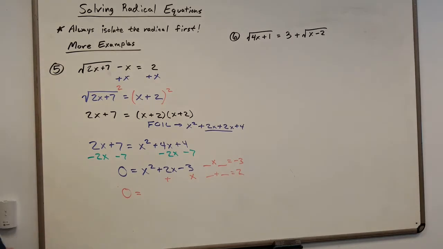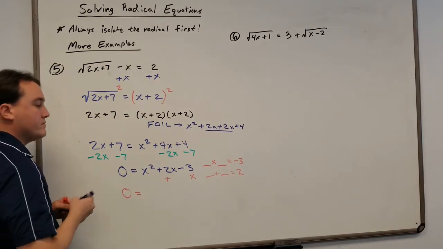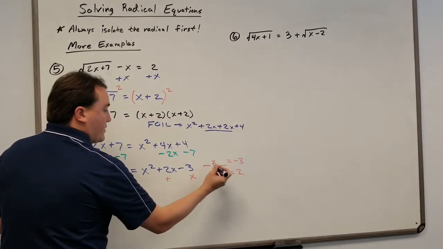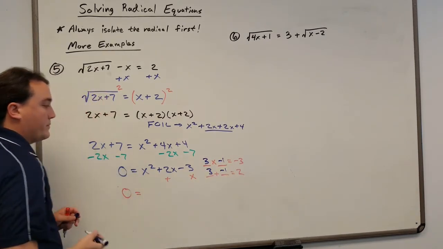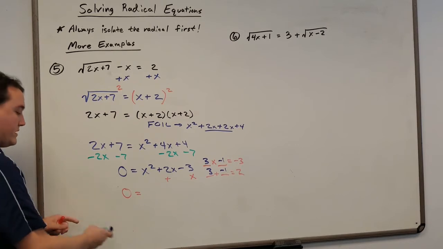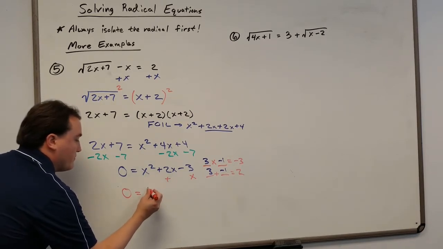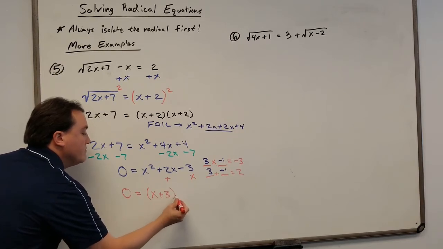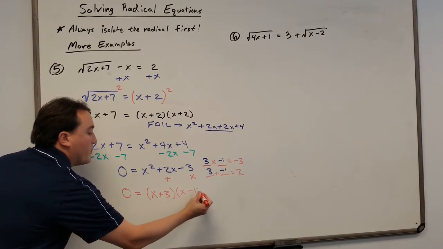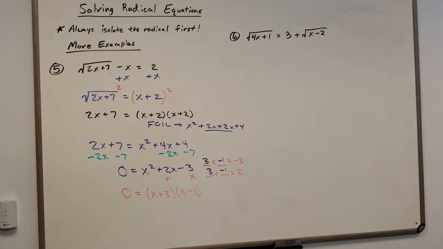Well, that would be a positive 3 and a negative 1. Right? So that's our answers. That will factor into x plus 3 and x minus 1. And then from there we get two answers.